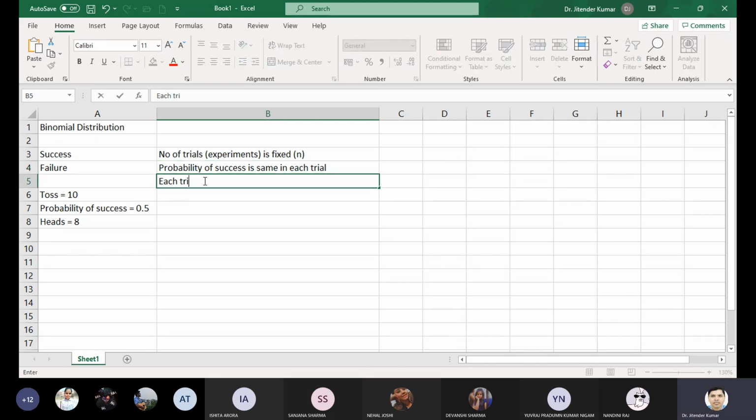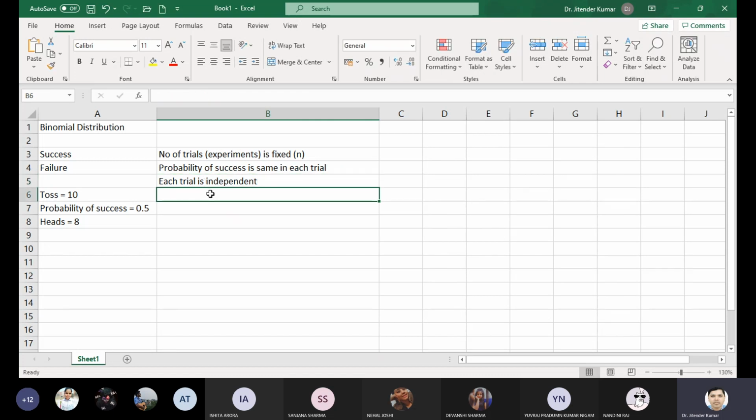Each trial is independent. So what came in the first trial, success or failure, will not influence your next trial. So the number of trials is fixed. Probability of success is same in each trial. Each trial is independent.